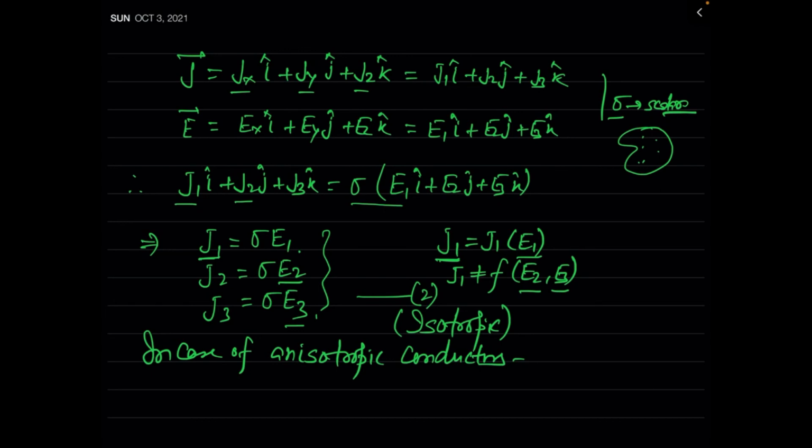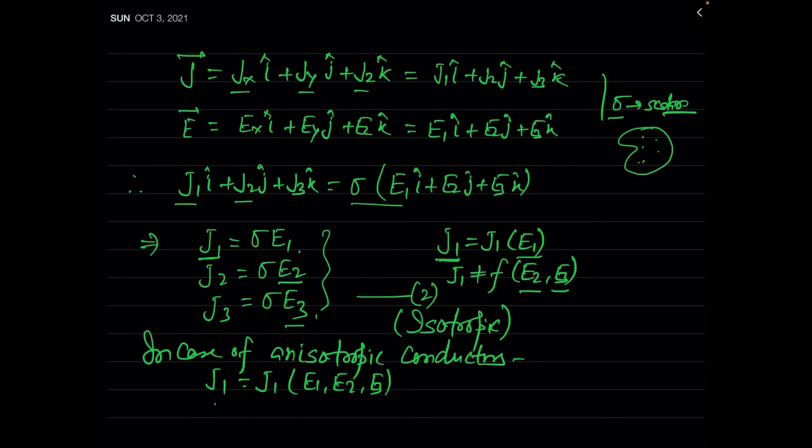So you can say in case of anisotropic solid, J1 will be a function of E1, E2 and E3, not only E1. And similarly, this relation will also hold for J2 and J3.